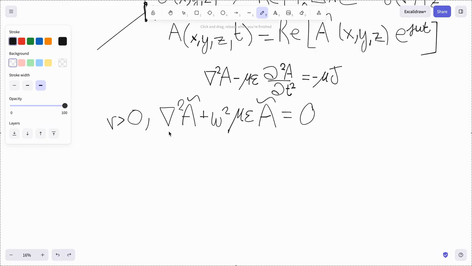So now we have an equation that we can solve, and you'll notice it's very similar to the last video. We're just going to apply the same derivation that we did last video to solve this equation.